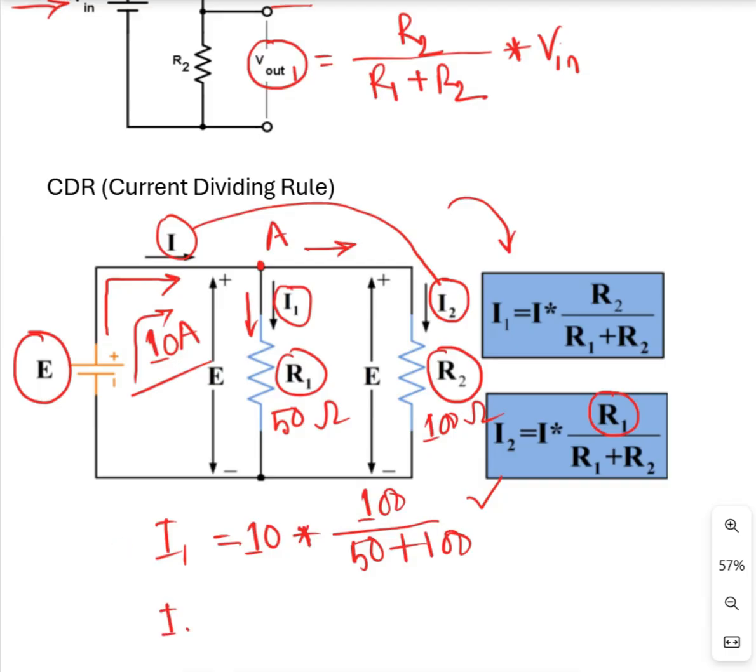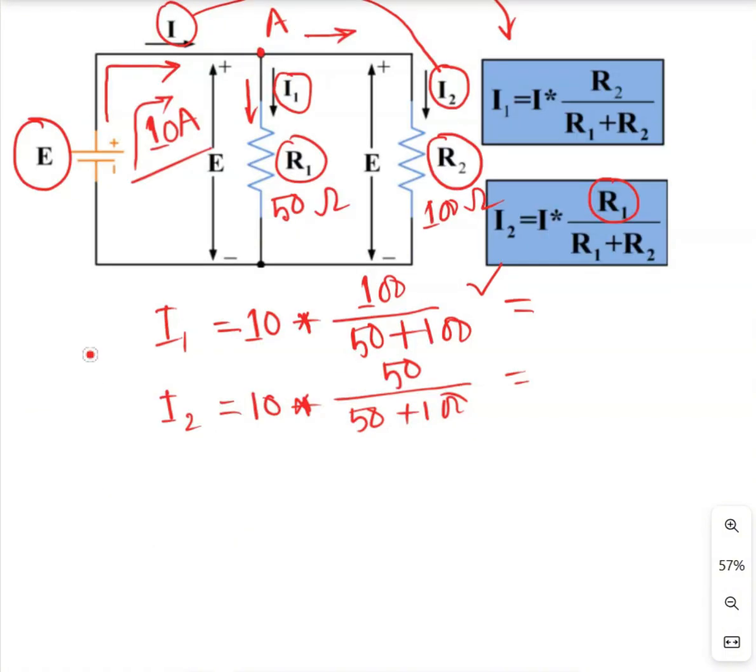And I2 will be the same total current, 50 plus 100, and obviously for I2 the opposite resistance will be 50, so we write down the value of 50. Let's calculate by the use of a calculator. So here the current for I1 is 6.667 amps, and here will be 3.333 amps, right?